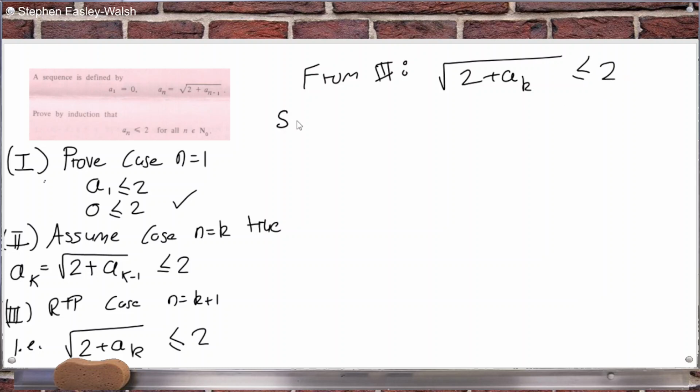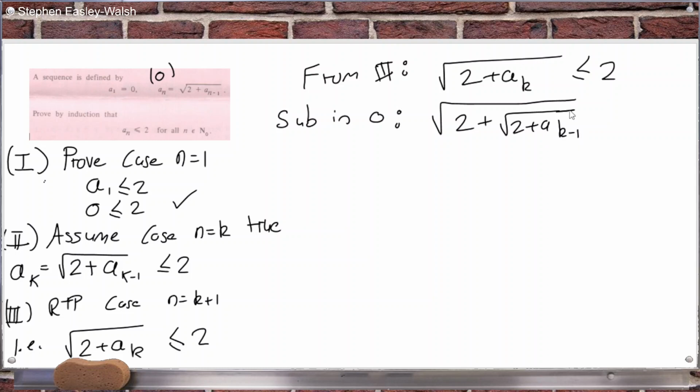Now if we sub in, let's just call that 0, then ak is root 2 plus ak minus 1, and that's less than or equal to 2.